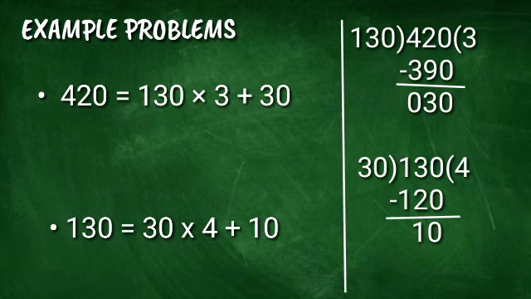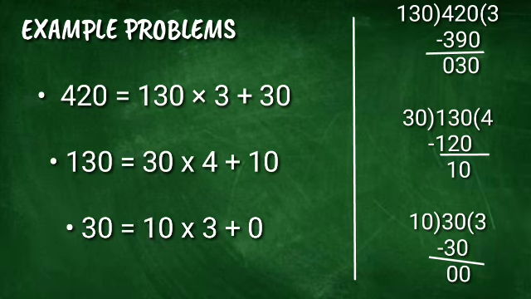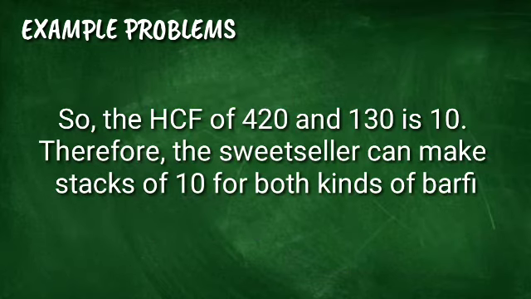Then again continue the process by taking 30 as A and B is equal to 10. Now divide 30 by 10, and we get remainder 0. We write that in the form A is equal to BQ plus R, that is, 30 is equal to 10 into 3 plus 0. So the HCF of 420 and 130 is 10. Therefore the sweet seller can make stacks of 10 for both kinds of burfi.